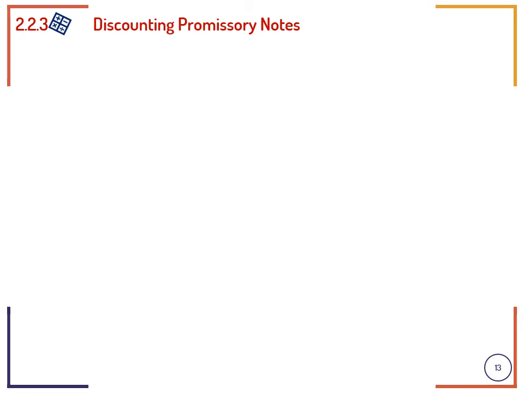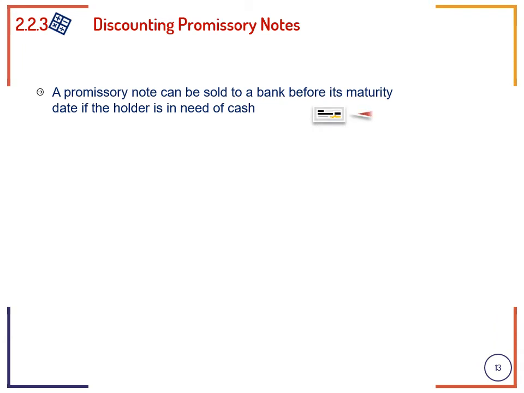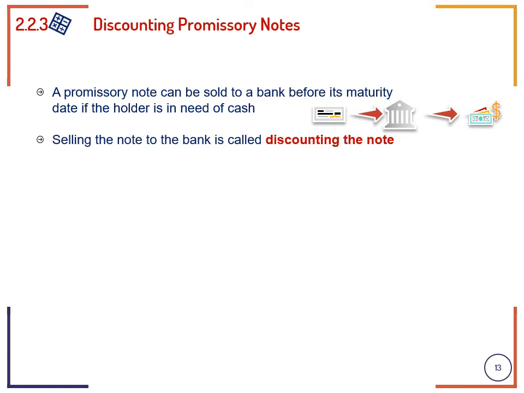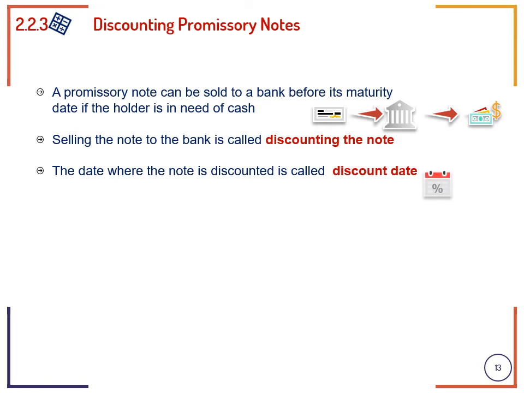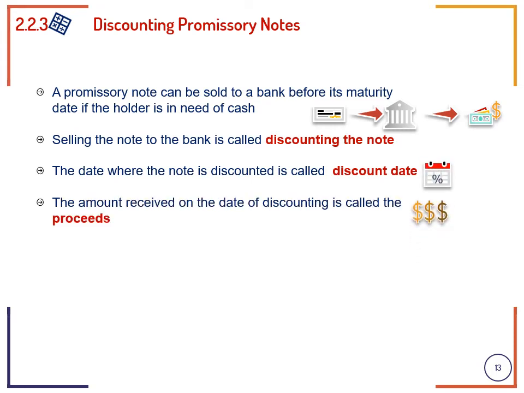Now have a look at the next topic, discounting promissory note. A promissory note can be sold to a bank before its maturity date if the holder is in need of cash. Selling the note to the bank is called discounting the note. The date where the note is discounted is called the discount date. The amount received on the date of discounting is called the proceeds.